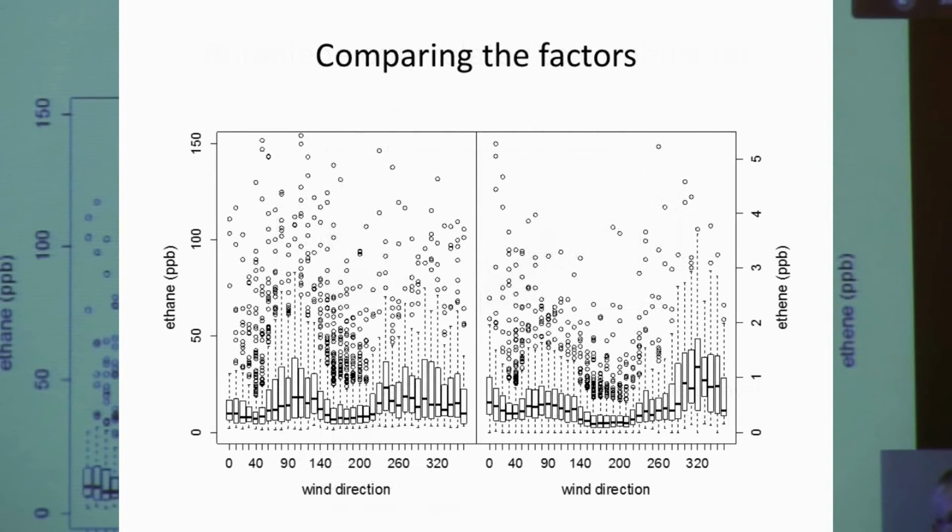When you plot the two common species, here I chose ethane and ethene, against wind direction for the Floresville site, you can make out a number of different things. This is what's called a box plot. The median value is the bar in the middle. The interquartile range is the complete box. The whiskers are the 95% confidence level, and all individual data points that you see are flyers.